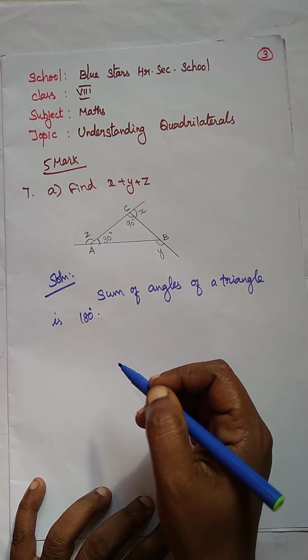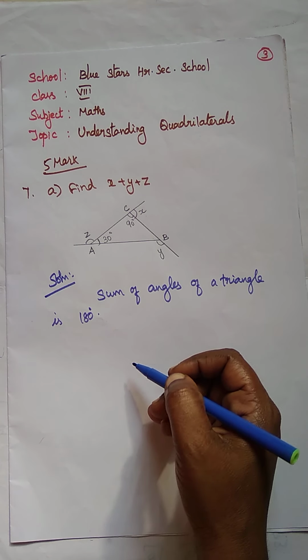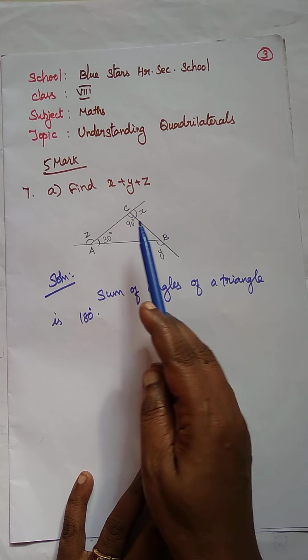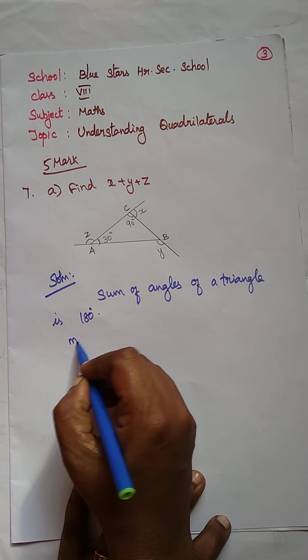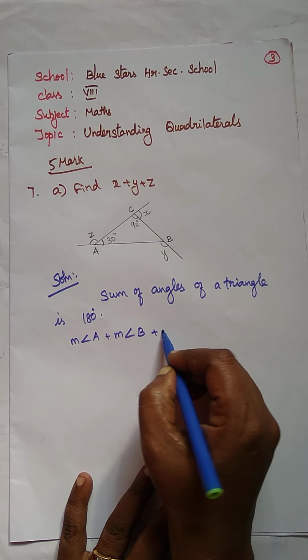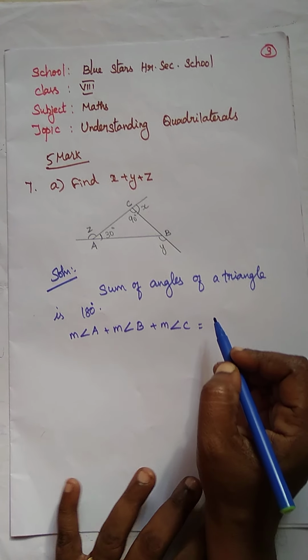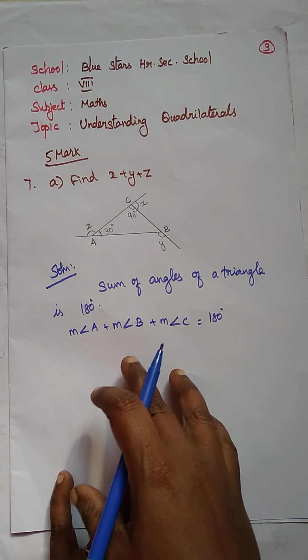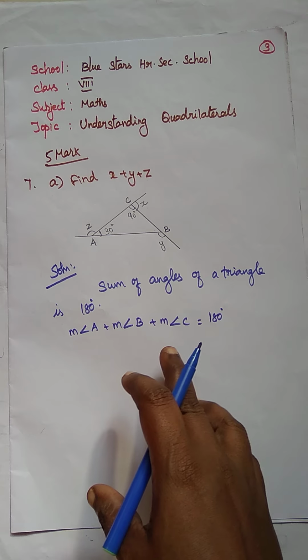So the sum of angles of a triangle is 180 degrees. Here we add these three angles: angle A plus angle B plus angle C is equal to what? 180 degrees. So the total angle is 180 degrees.